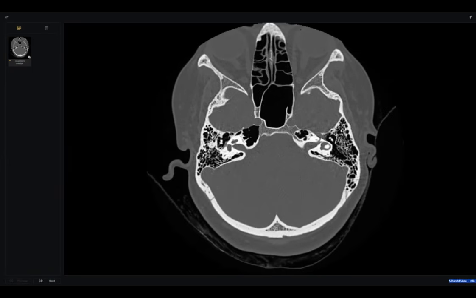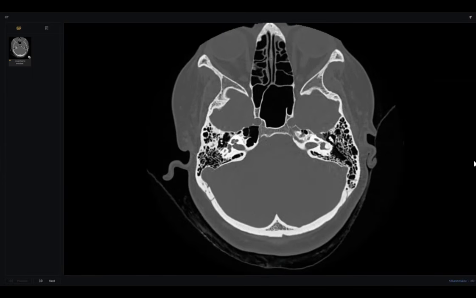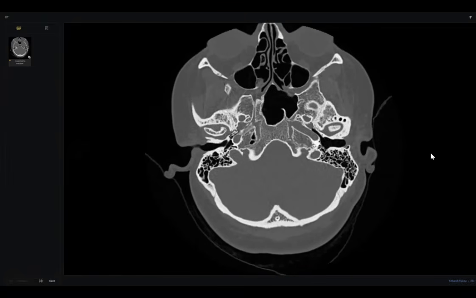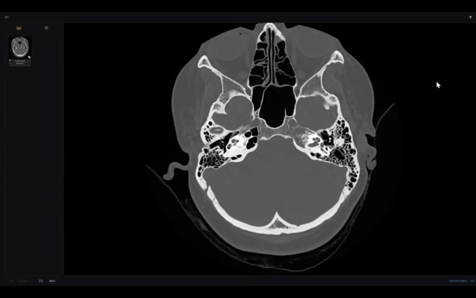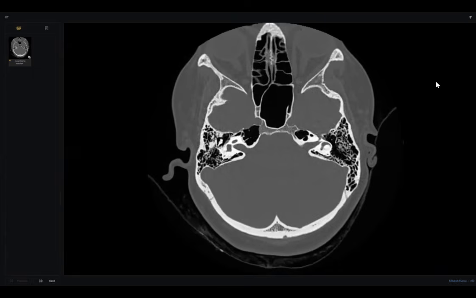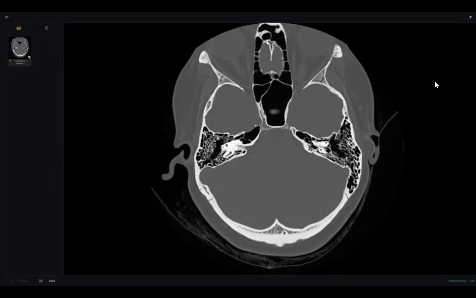Skull base bones look fine. The mandibular fossa also. The left side swelling. I'm just remembering the history.